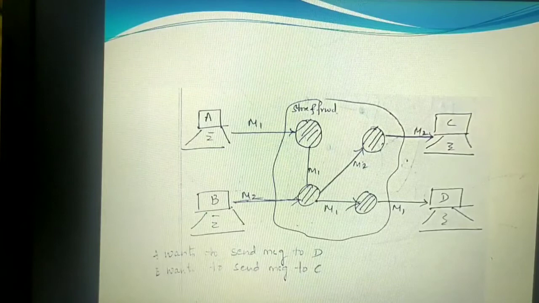If it is small, it will withhold the new incoming packets. Once M1 has moved, only then will it accept M2. Then M1 will reach the destination. After M1 moves, M2 will be stored here, and depending upon the destination, it will forward to the next nearest, and the next nearest to the next destination.